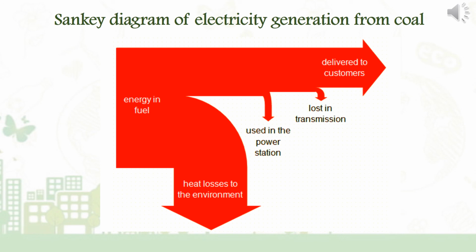Then when you move forward, used in power station. To produce the energy, we need to use some amount of power in the power station. So there you lose more energy, and after finishing everything, the electricity is distributed to the houses.